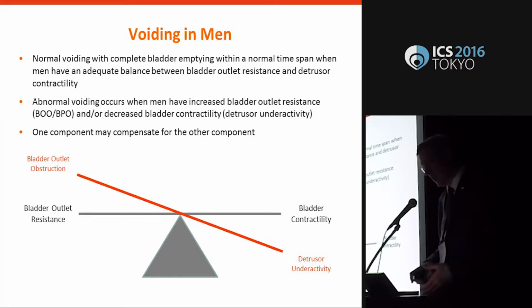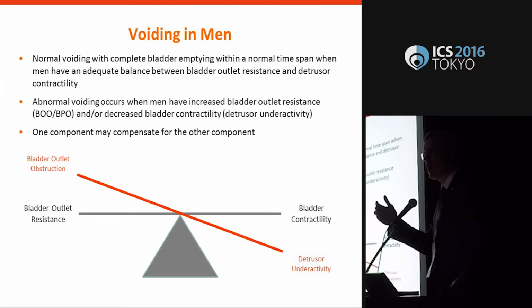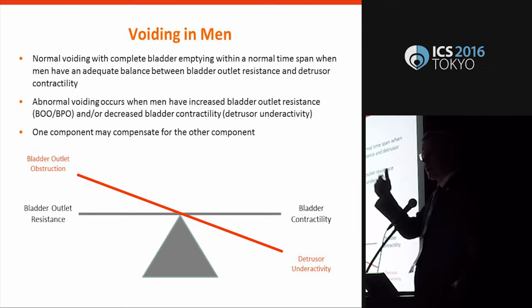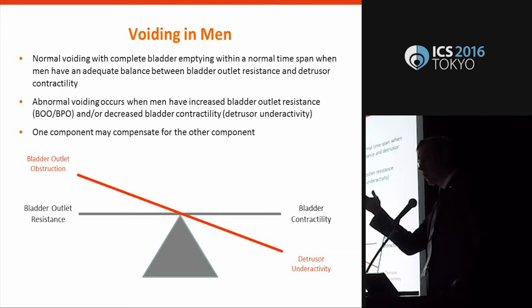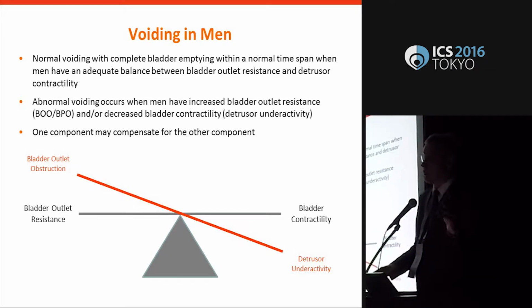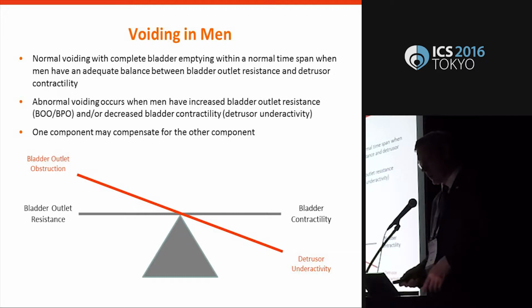Abnormal voiding occurs when men have an increased bladder outlet resistance, or they have a decreased detrusor contractility. And one component may compensate for the other. For example, you have a patient with severe bladder outlet obstruction, and it may compensate by increased contractility, so it's now compensated. But if you have bladder outlet obstruction, so high resistance, but you have a poor detrusor contraction, so a poor driving force, there will be most probably post-void residual urine and maybe even urinary retention.